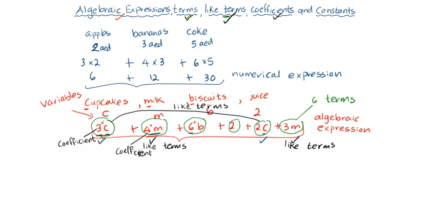Even the 6 is a coefficient because we are buying 6 biscuits. But the 2 here is not a coefficient because there's no variable next to it. Any term that has only a number is called a constant. So that's what coefficients and constants are. All right, I'll see you in the next video.